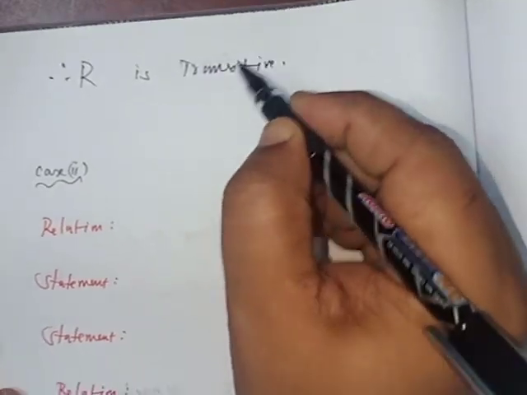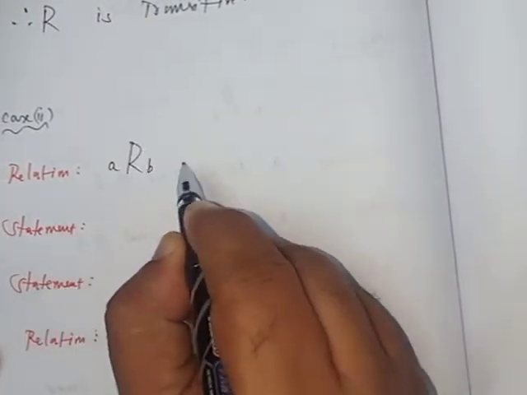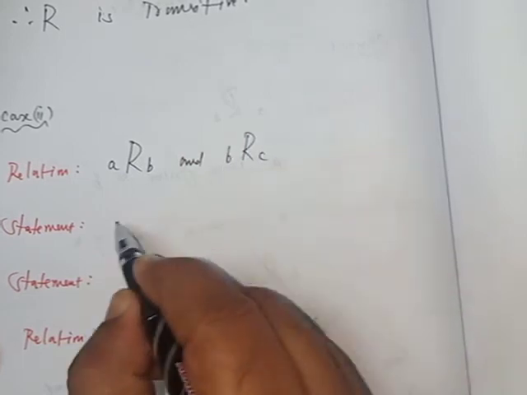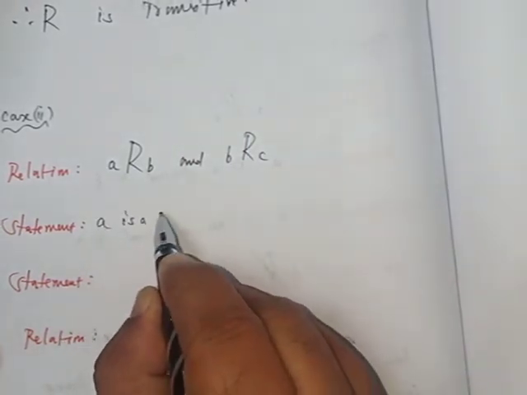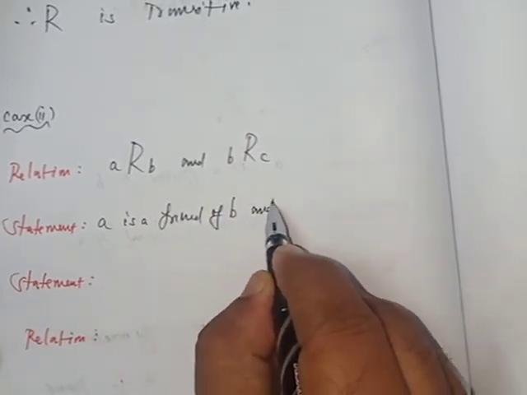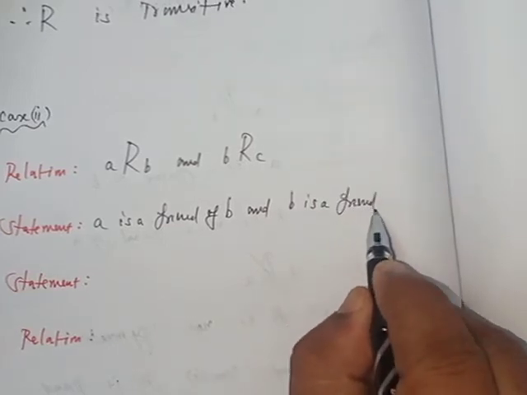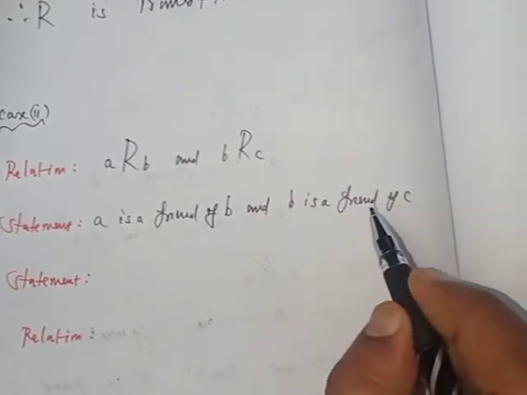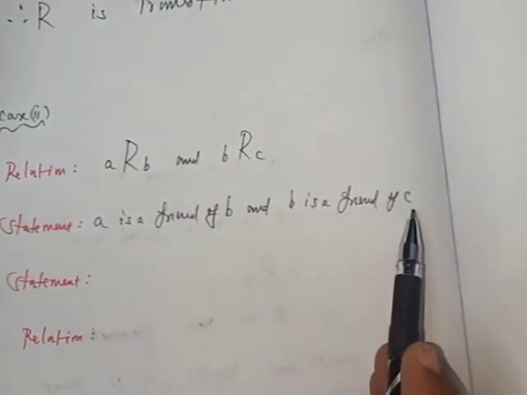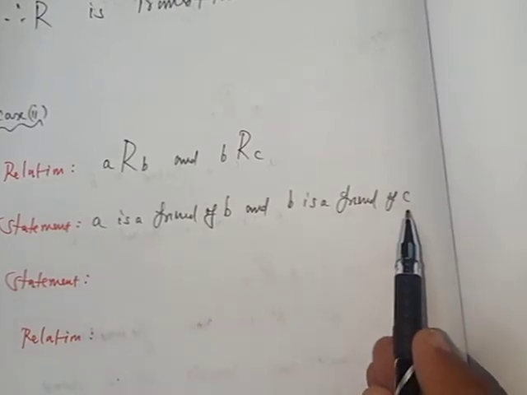Case number 2. I consider A is related to B and B is related to C. That means A is a friend of B and B is a friend of C. Even if A is a friend of B and B is a friend of C, A may not be the friend of C sometimes.